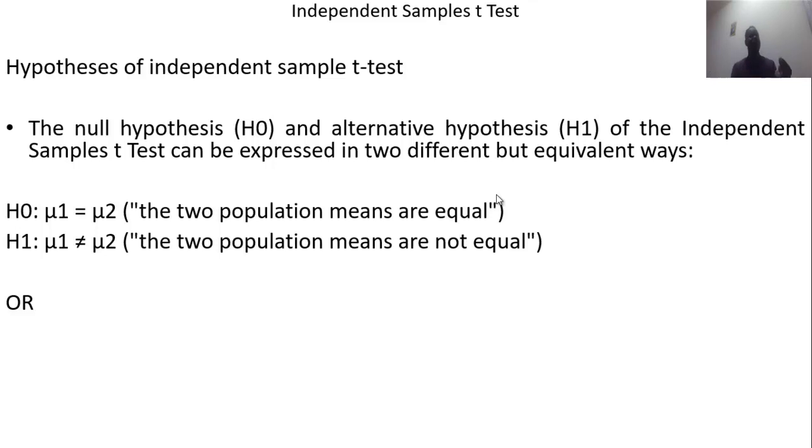Or even if there is a difference of a given number, let us say the average result of the female group is 54 and the average result of male students is 50. Then 54 minus 50, the difference is 4.